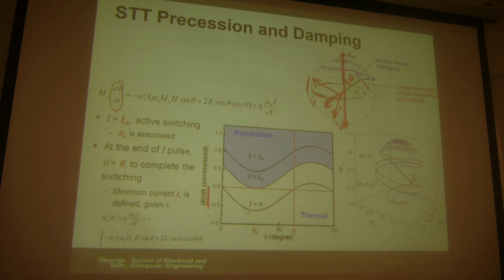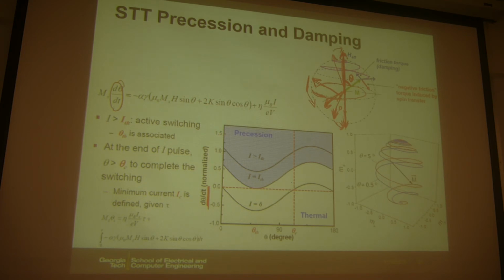So if you have zero current, due to the thermal noise, this spin state will thermally disturb a little bit. It may flip down, but sometimes due to thermal noise, it will flip back.